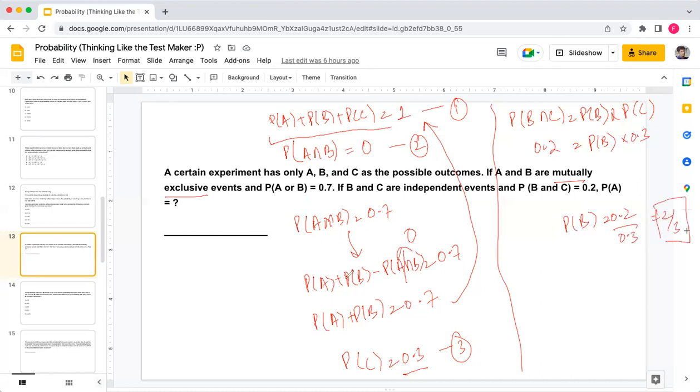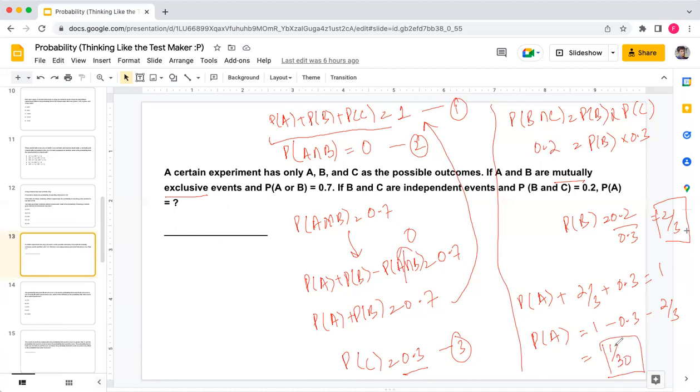Now we know P(C) and P(B), we can find P(A), as the whole sum equals 1. So P(A) plus 2 by 3 plus 0.3 is equal to 1. P(A) will be 1 minus 0.3 minus 2 by 3. If you proceed further, you will get 1 by 30 at last.